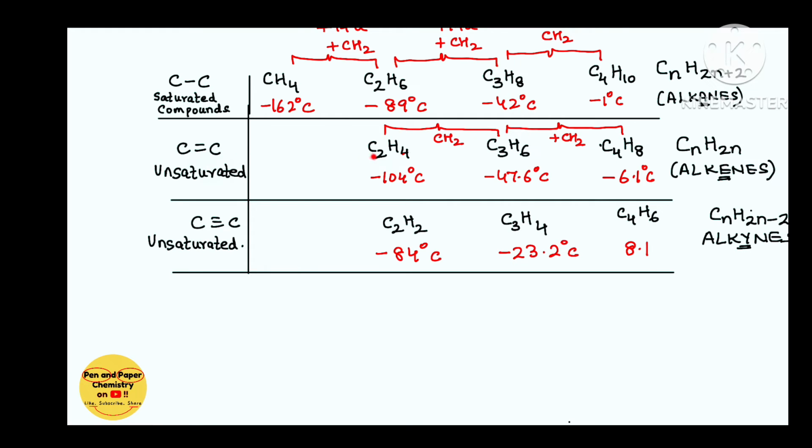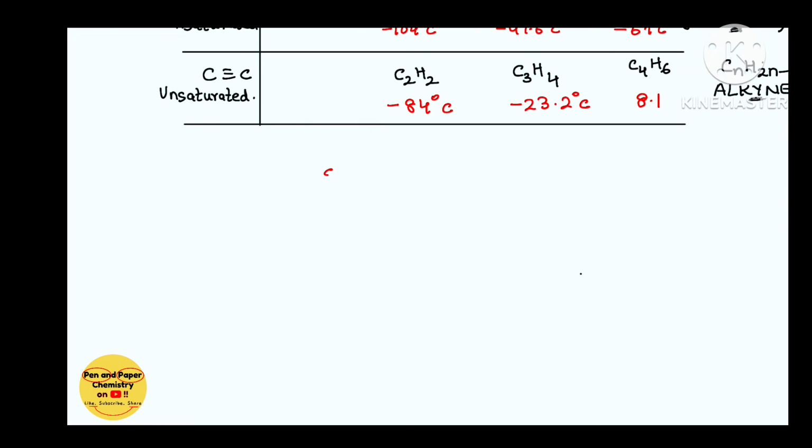Alkenes will have similar properties. Now here we use the word similar. We don't use the word same. They have similar chemical properties. What do we mean by similar?